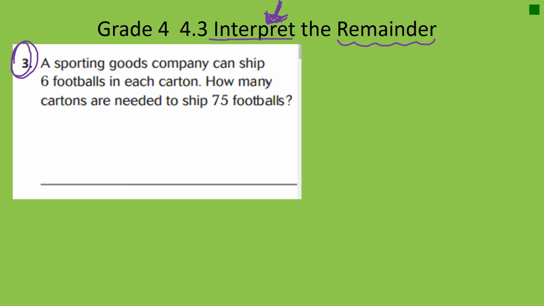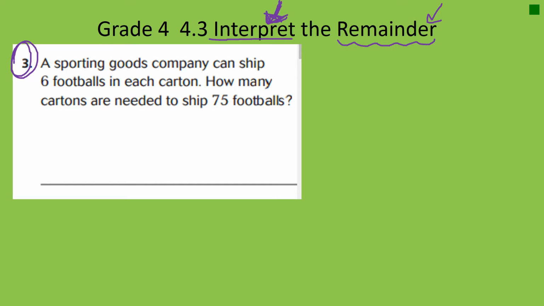So you need to think about when you're really having a leftover cookie and it's not equal parts. What do you do with the cookie? You don't talk about, hey, let's have some remainder cookies. No. So we have to talk about in the real world, what do you do with the leftovers that can't be divided equally? The remainders. Okay? So let's jump in here to number 3.